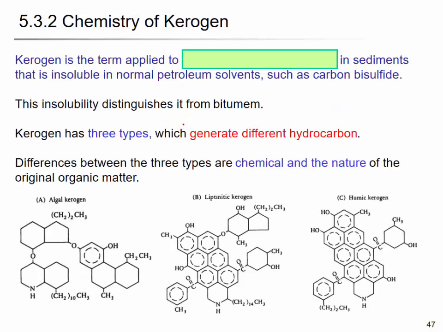And we talked about the kerogen, and this is the chemistry of the kerogen. Kerogen is the term applied to the disseminated organic matter in sediment, which is insoluble in normal petroleum solvents.